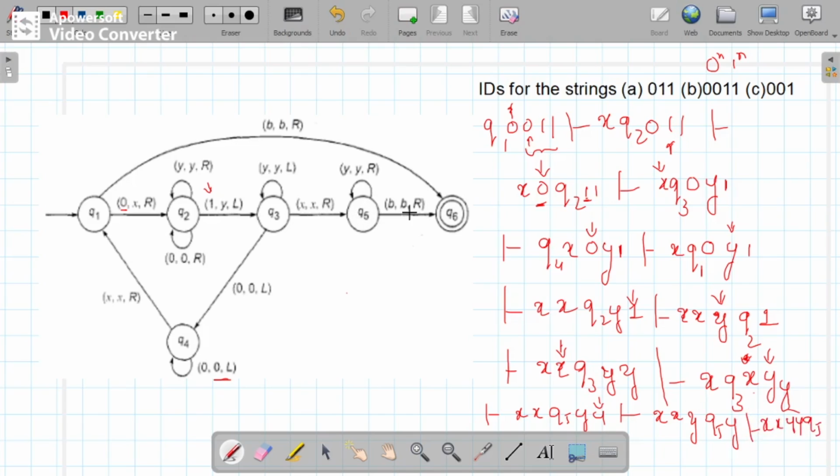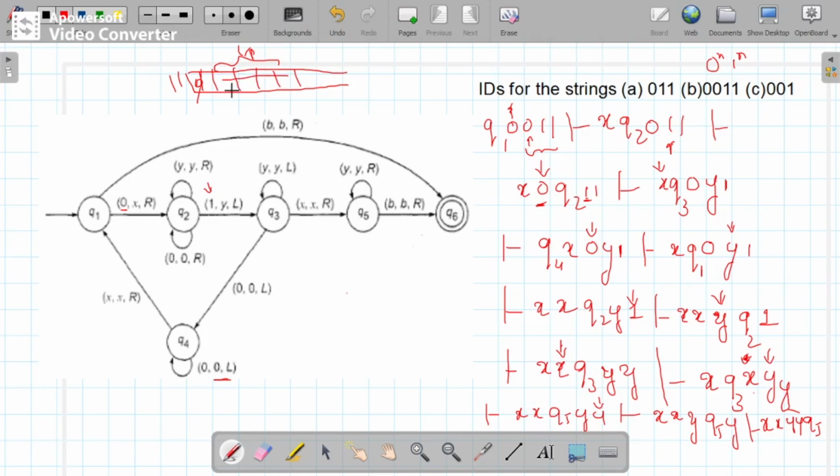So next, q5 on what character do you have after this? If you remember, when I was explaining in the introduction video, I told that if this portion is the input, the remaining characters before this and after this are blank, everything.